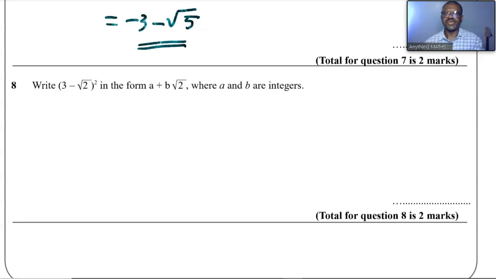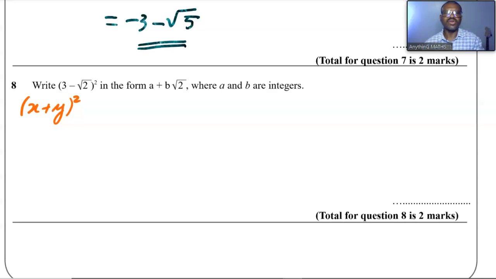We have 3 minus 2 all into bracket square. I want to teach you a formula. Maybe you already know it, but for some of you who don't know it, it helps in the exams to save some time. Imagine you have x plus y all squared.